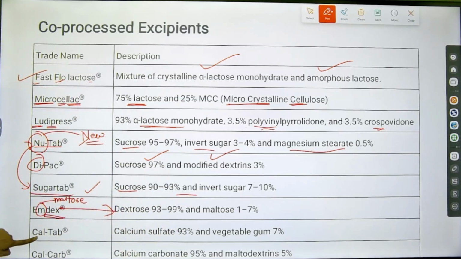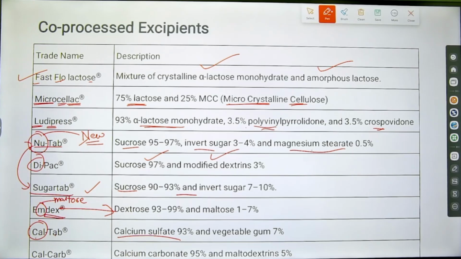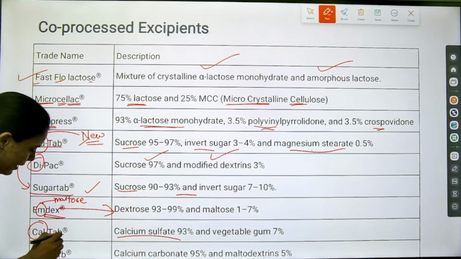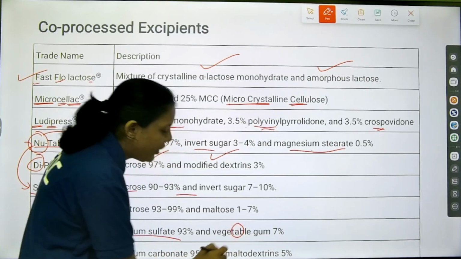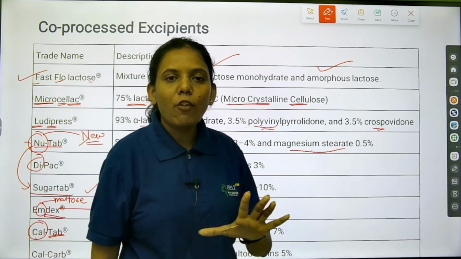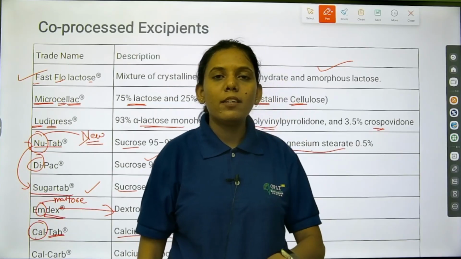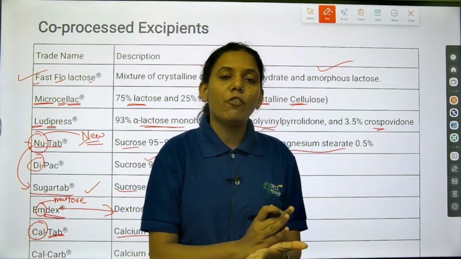Clear? Now next is CalTab. See here carefully. Cal indicates calcium sulfate, and for Tab you can remember vegetable gum. Because the biggest benefit of an MCQ pattern exam is that the answers are right in front of you in the options.